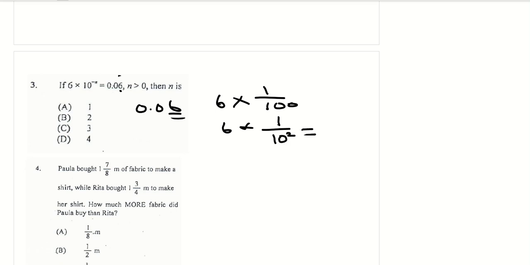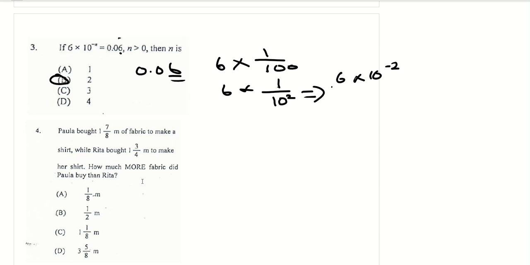And laws of indices, if you recall, when you have a negative index, this is 6 multiplied by 10 to the negative 2, since 1 over 10 to the positive 2 is 10 to the negative 2. However, if you do not understand that, you could have used the answers and substituted in: 6 multiplied by 10 to the negative 1, 6 multiplied by 10 to the negative 2, until you get 0.06.